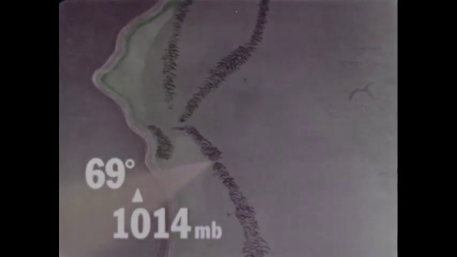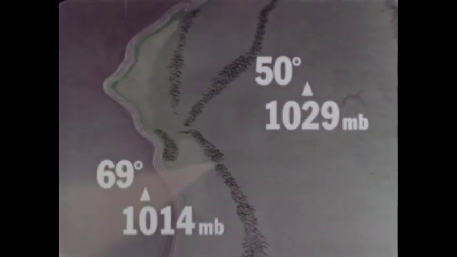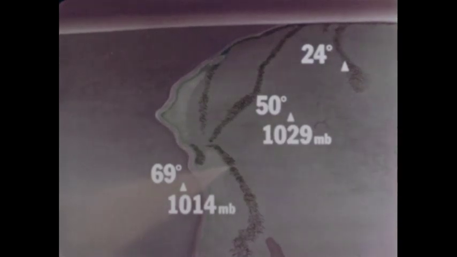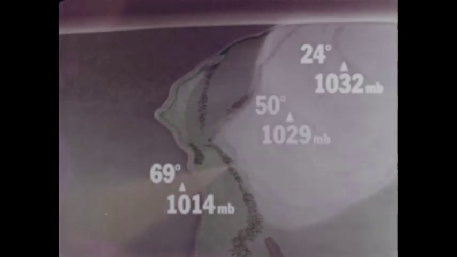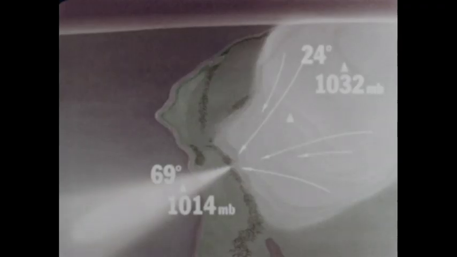At a weather station here, the temperature is 50 degrees and the air pressure is 1,029 millibars. And at a weather station here in Utah, the temperature is 24 degrees and the air pressure is 1,032 millibars. Cold, heavy air on the high plateau flows downhill toward the low coastal plains where the air is warmer and the pressure is lower.